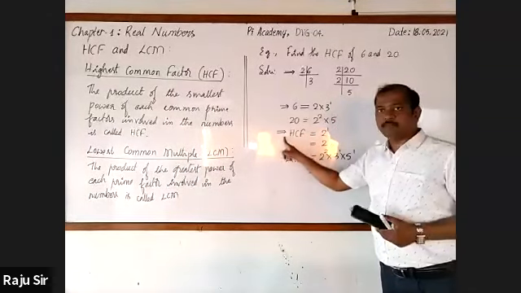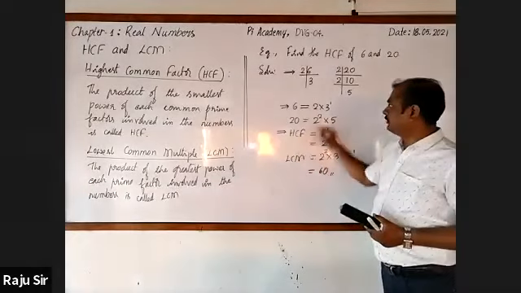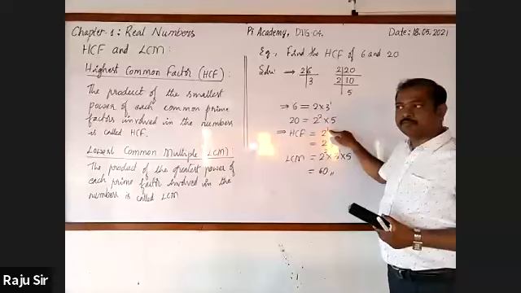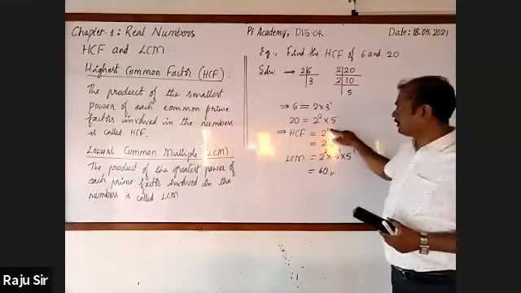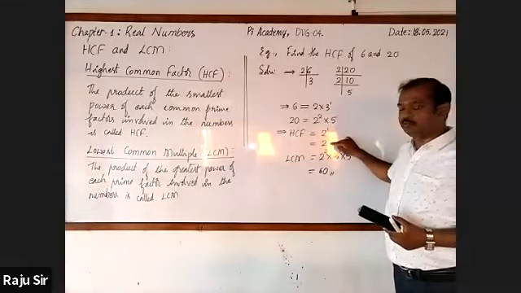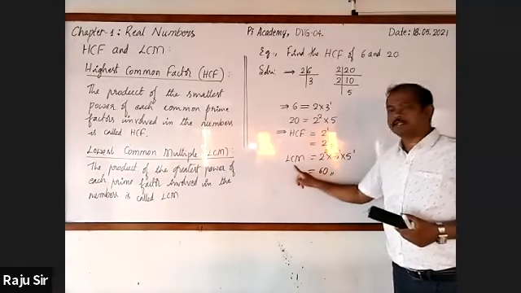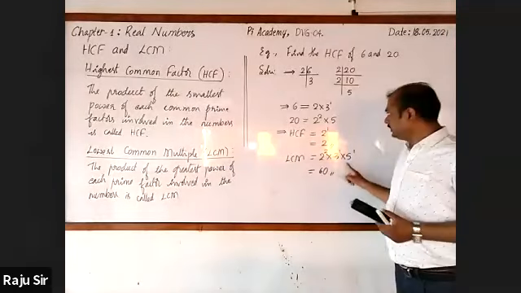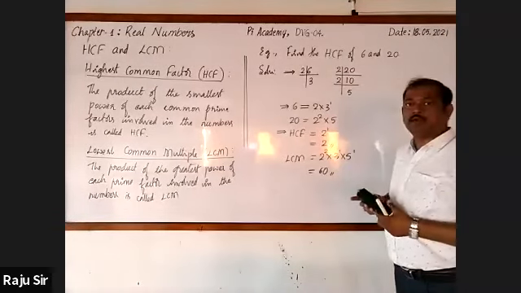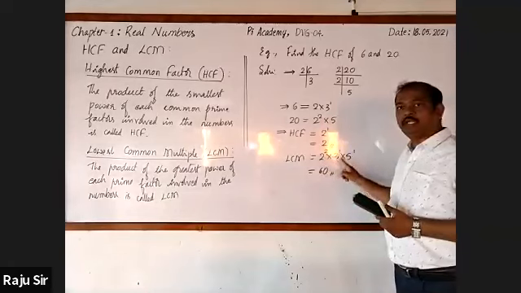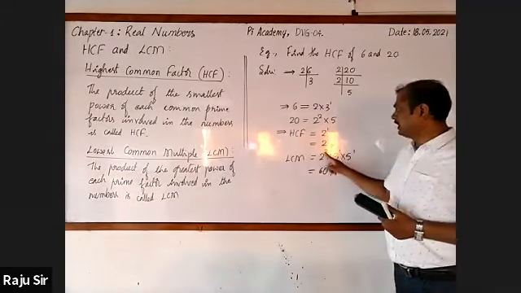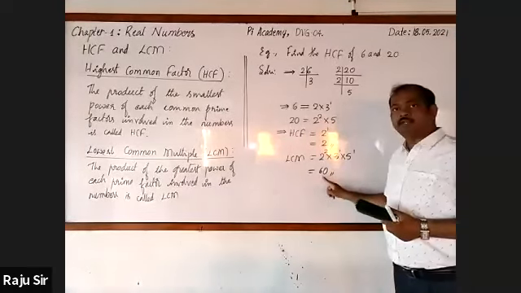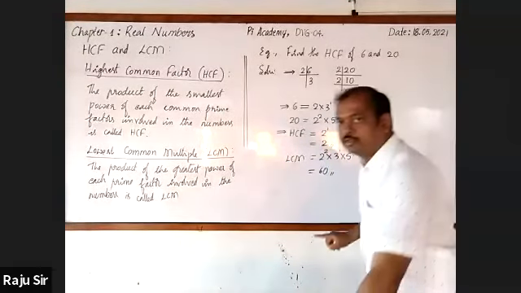Then put the implies symbol, HCF. We will take only the common factor with its least power. That is 2 raised to the power 1. This is 2. Next, LCM. We will write each of the factors involved in these numbers, 2, 3, and 5, their highest form, and write the product as 60.